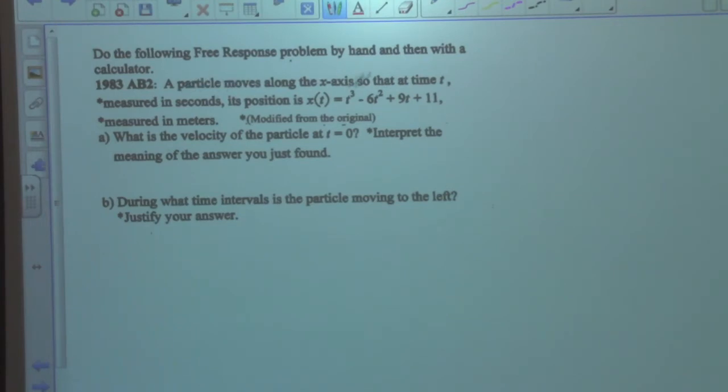A particle moves along the x-axis, and at time t, measured in seconds, its position is given. So you have a particle moving left and right along this x-axis, and its position over time is given by this equation right here.